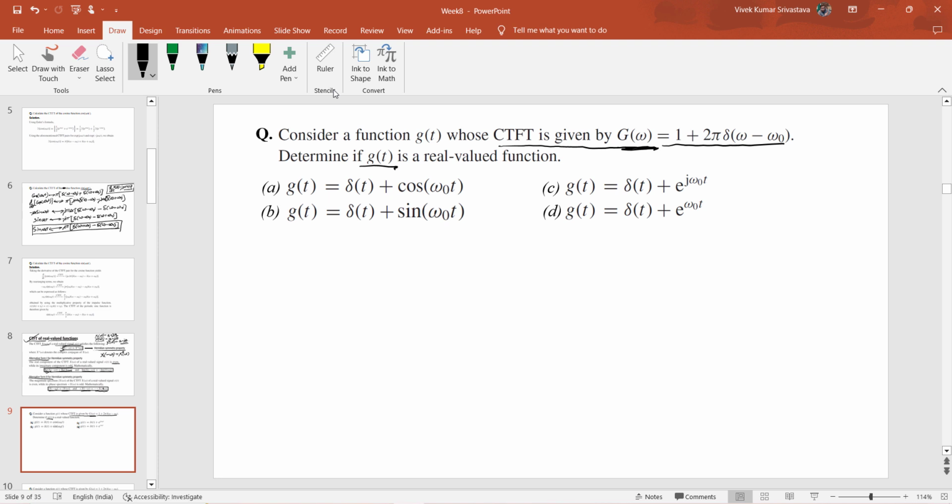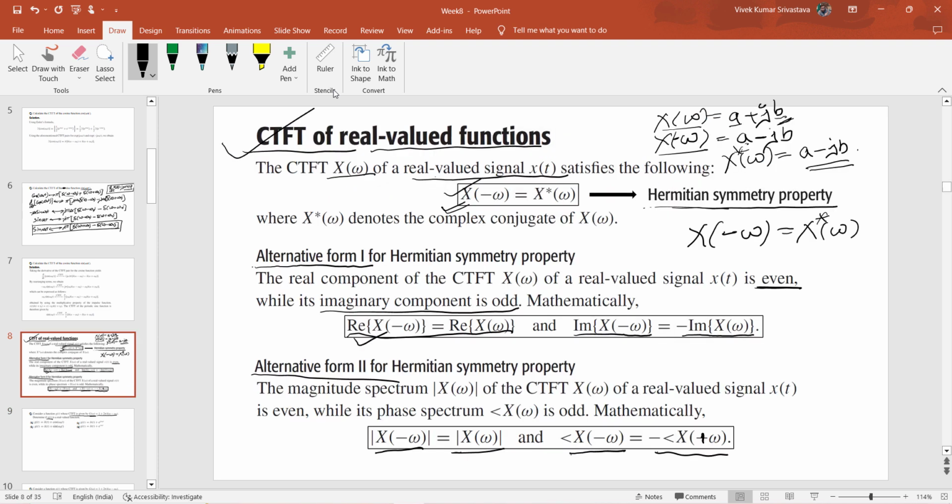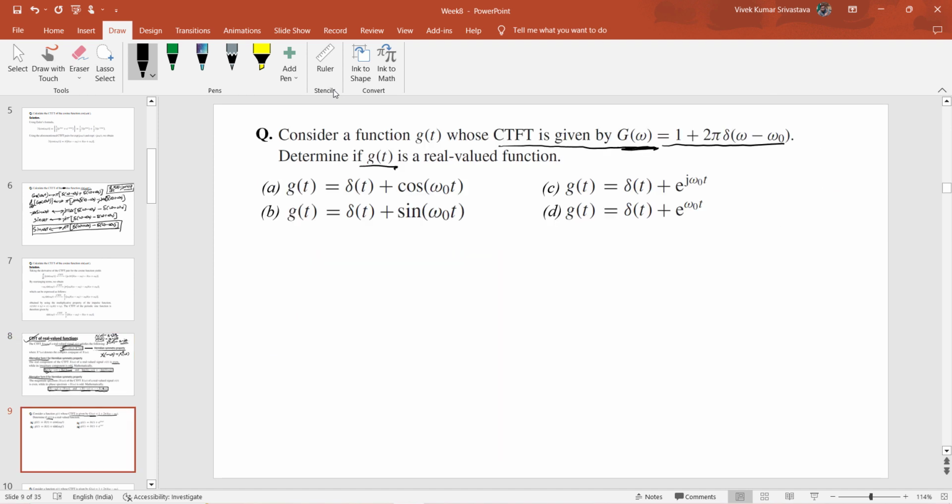Okay, so to solve this problem we will use this property, that is the Hermitian symmetric property. The options are given to us, and we have to select which of these g of t is basically the dual of this g of omega.